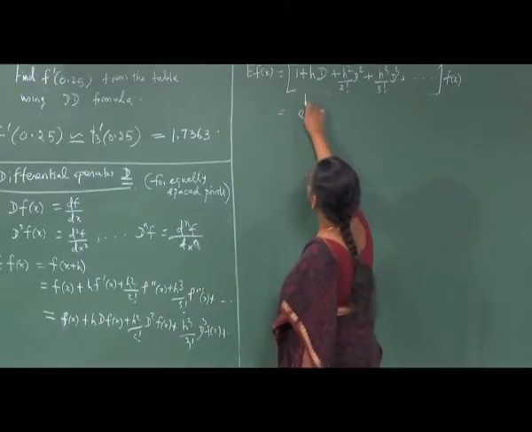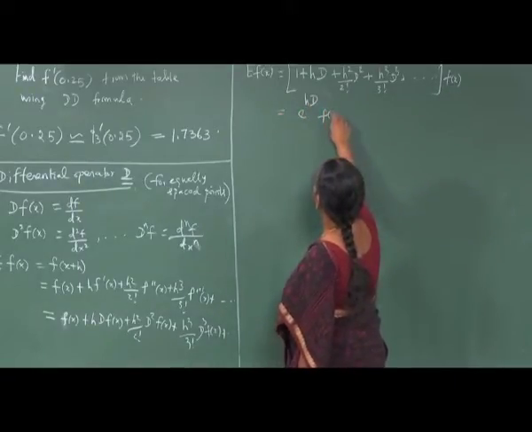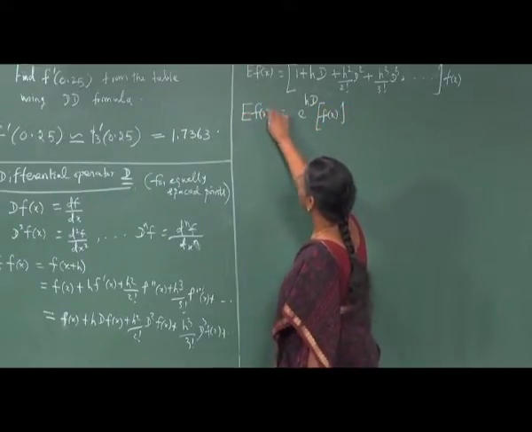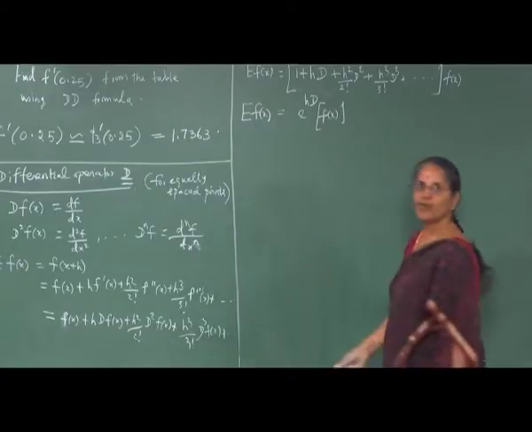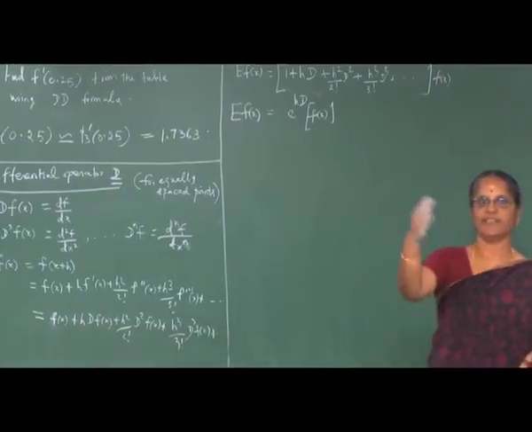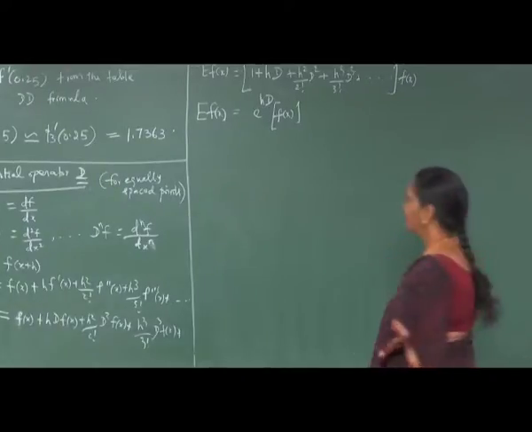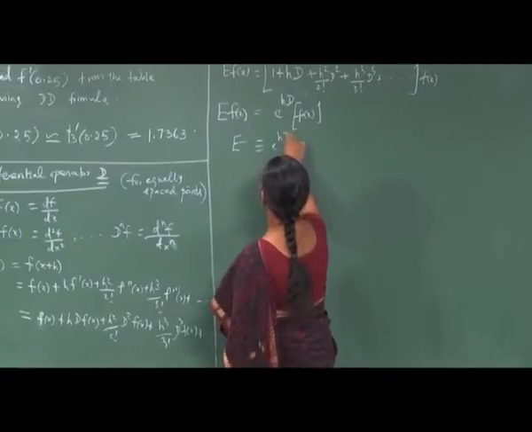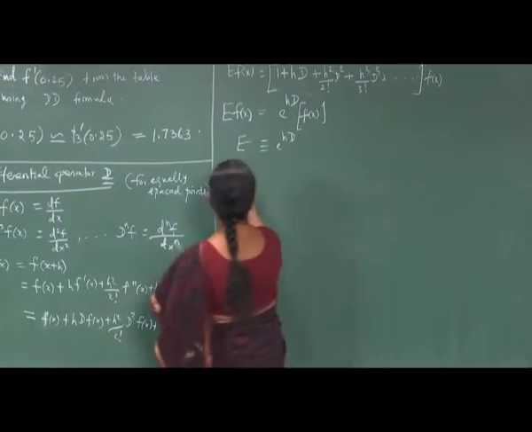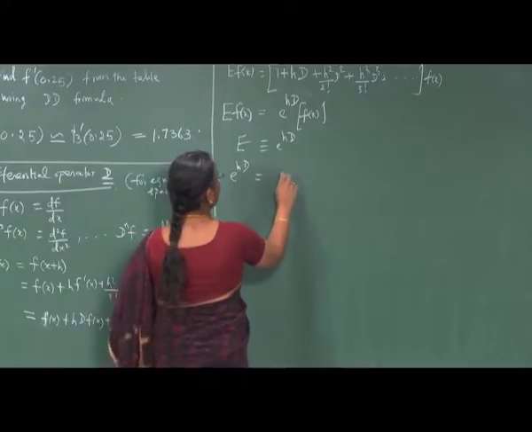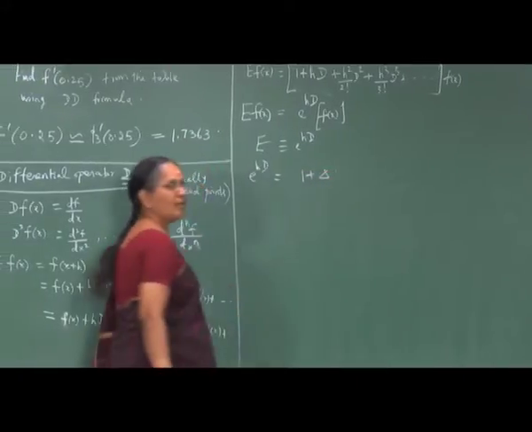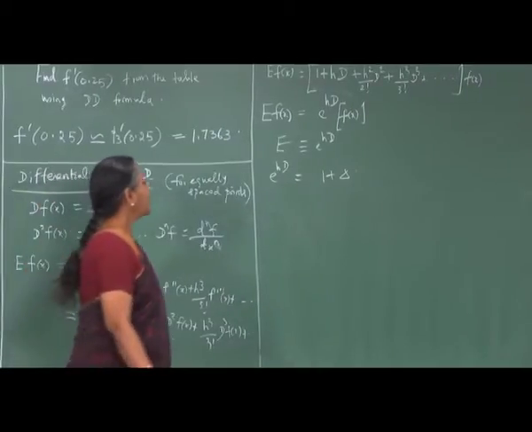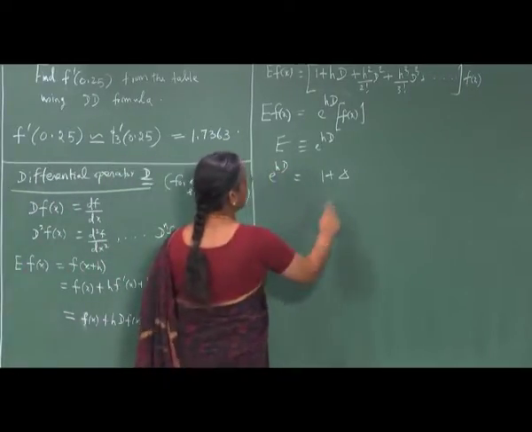So, it is e to the power of hD on f of x. So, E, when it operates on f of x, plays the same role as the operator e power hD. So, E is e to the power of hD. We have already shown, in terms of the forward difference operator delta, that E is 1 plus delta.